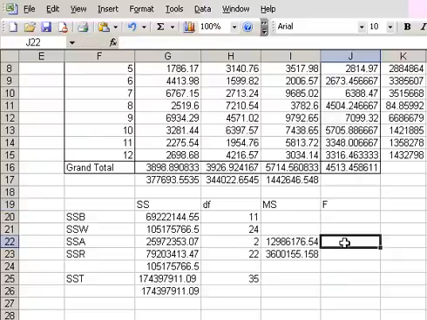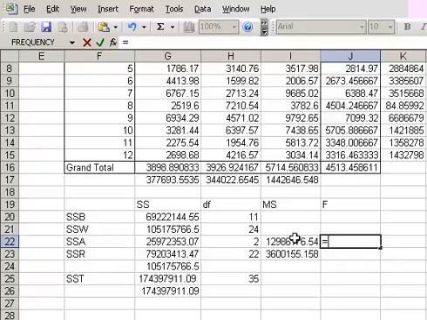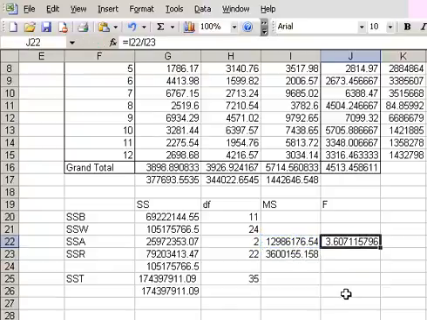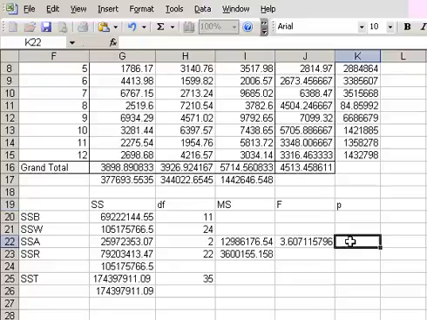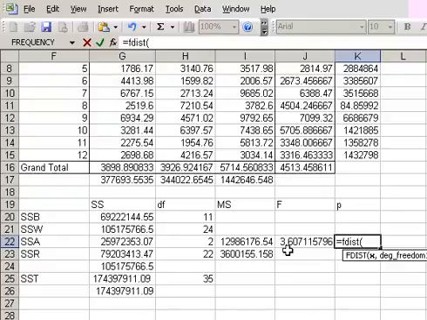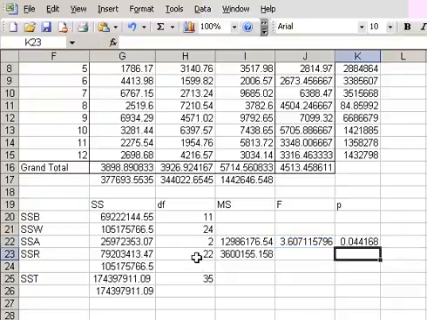The f-test is equal to the mean square for admissions divided by the mean square residual, and it comes out to be 3.6. Now finally, the probability of that f will be equal to F.DIST of the value of f, 2 degrees in the numerator, 22 degrees in the denominator.